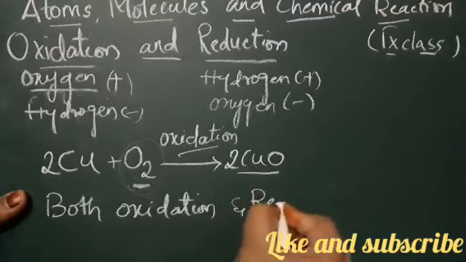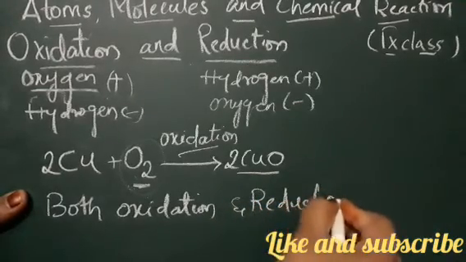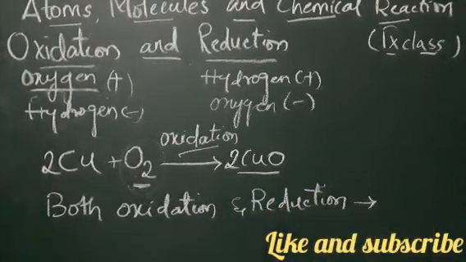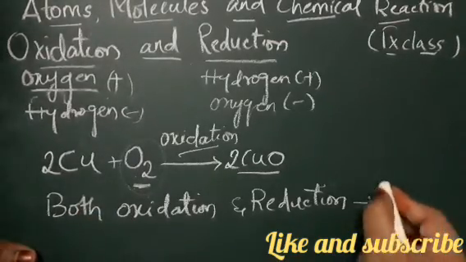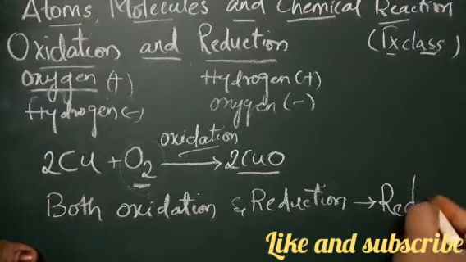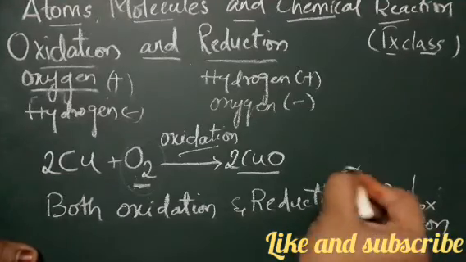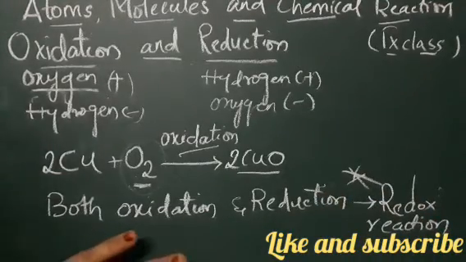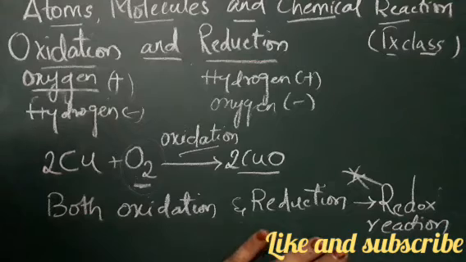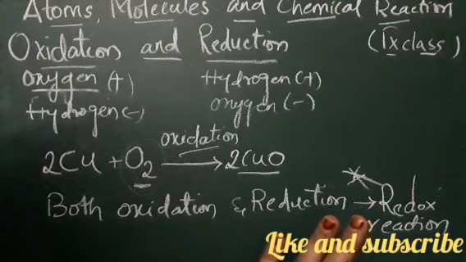When both the oxidation and reduction are taking place, that type of reaction is called redox reaction. Very, very important. Do remember, where both oxidation and reduction are taking place, that reaction is called redox reaction.